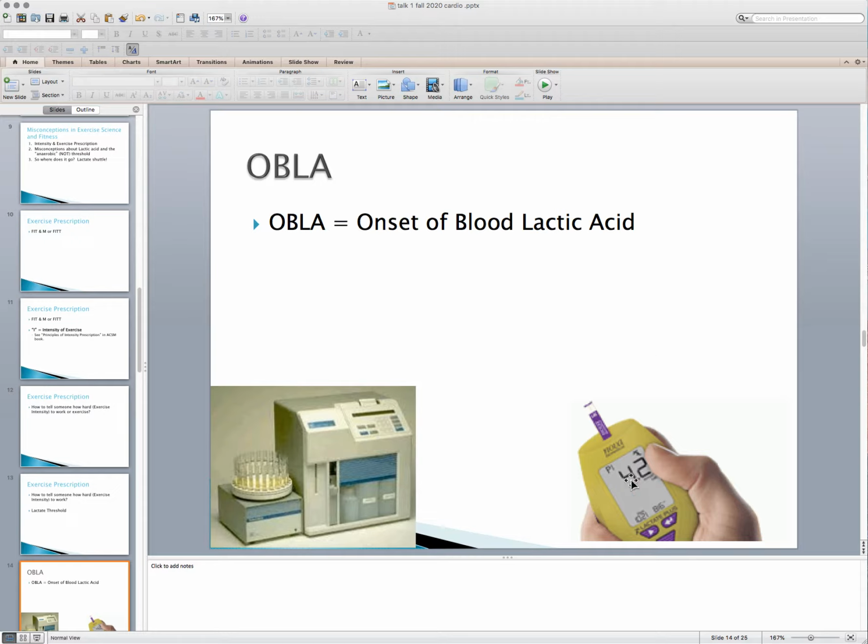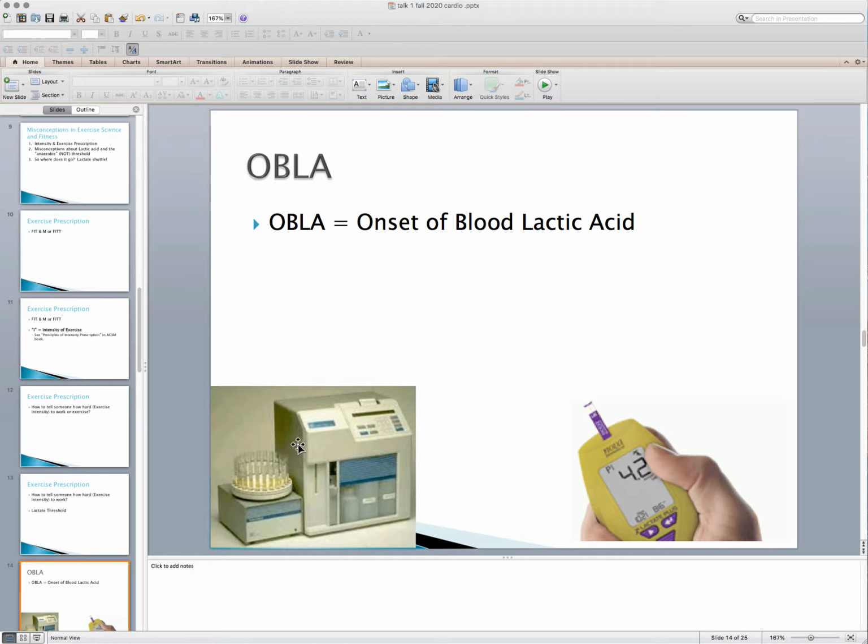We have a portable blood lactate analyzer, sort of like a glucose analyzer, where a small droplet of blood will go on this stick or this piece of paper that has some chemicals on it. It's then inserted into the analyzer, and after 10 or 15 seconds, a concentration of blood lactate is shown on this screen. We also have a more accurate desktop blood lactate analyzer.